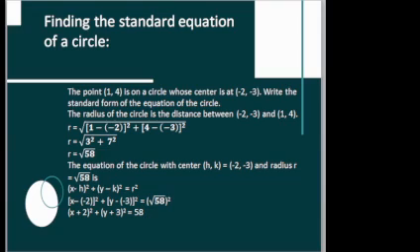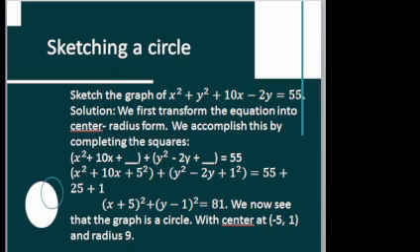So that's an equation of a circle in general form, that is not in standard form. So we first transform the equation into center radius form, which is the standard form. And we accomplish this by completing the squares.